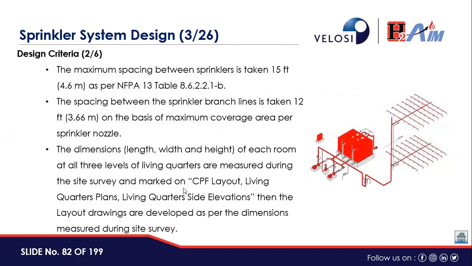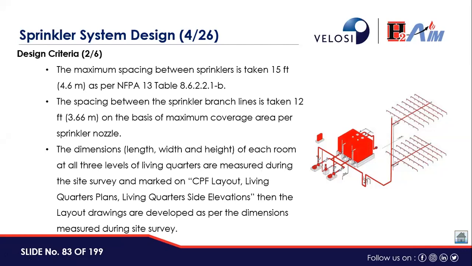The maximum spacing between the sprinklers is taken as 15 feet as per NFPA 13 table 8.6.2.2.1-B. The spacing between the sprinkler branch lines is taken as 12 feet on the basis of maximum coverage area per sprinkler nozzle.